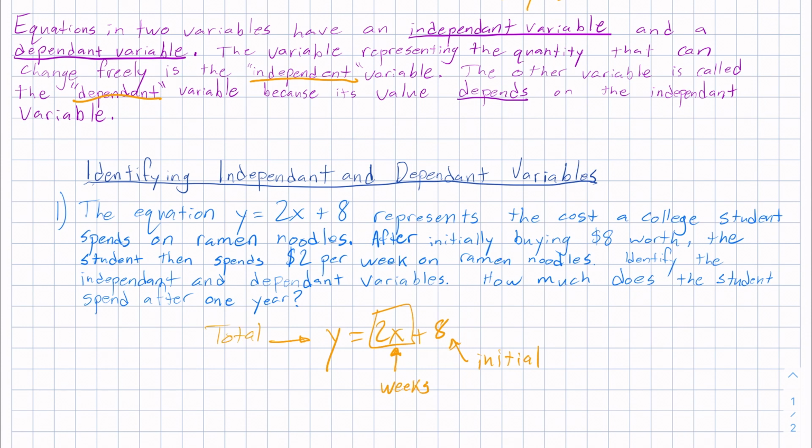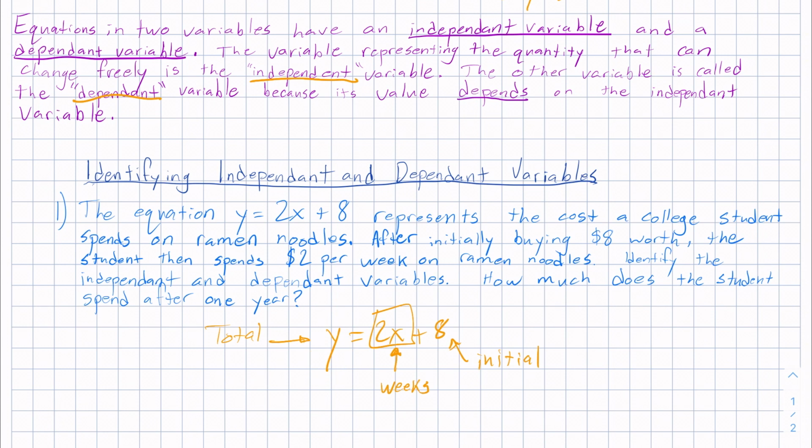So the question here is, which one changes freely? Is the one that changes freely the total, or is the one that changes freely the weeks? Does the total depend on the number of weeks that went by, or do the weeks depend on the total? I think it should be fairly easy to see that it's actually the weeks that determine the total amount of money spent.